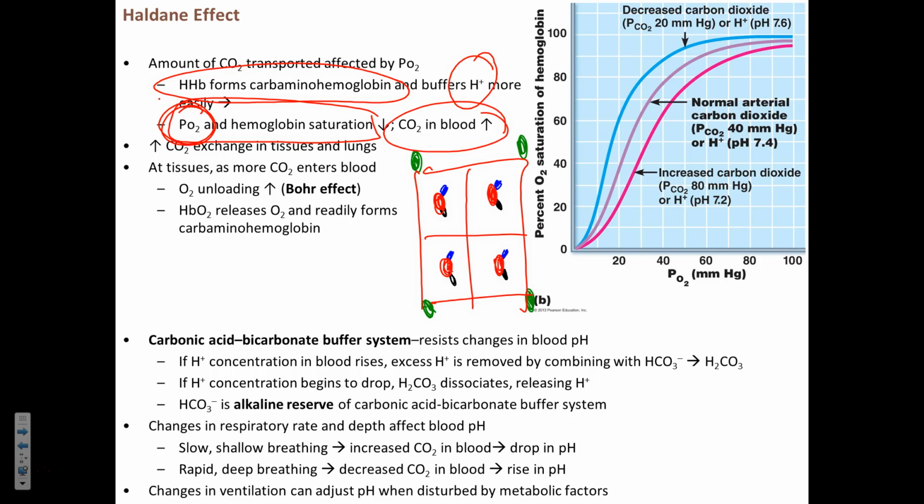As the amount of CO2 in the tissue increases, CO2 transport from the tissue increases as well. Which leads to more effective exchange of carbon dioxide in the tissue and in the lungs, and essentially we expire CO2 much more effectively.